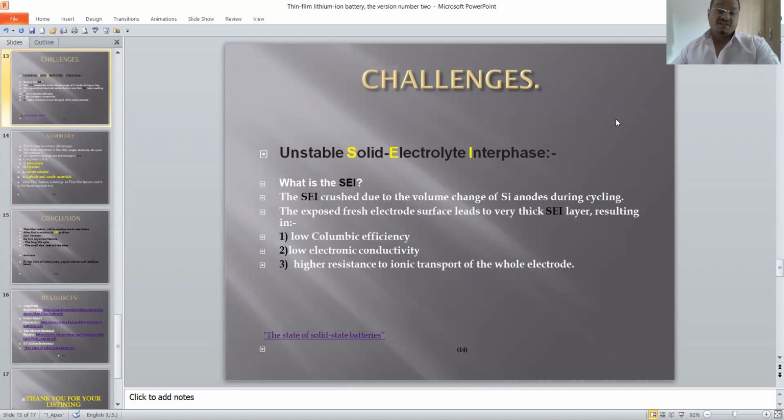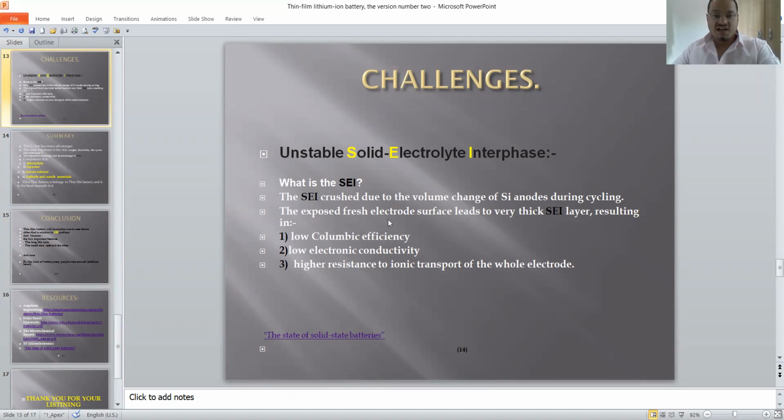Because of this disadvantage, the SEI, the solid electrolyte interface, crashes due to volume change of the silicon anode during cycling. Cycling means charge, discharge, and still using it.